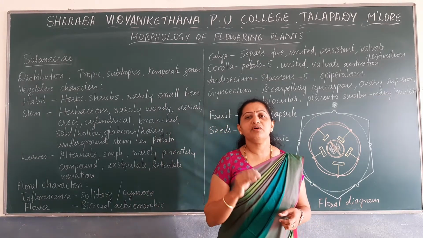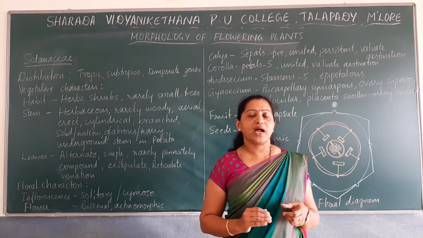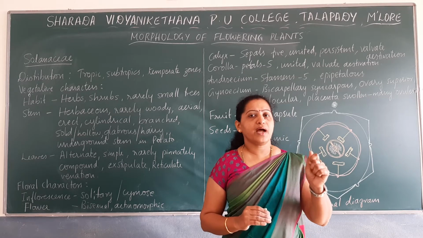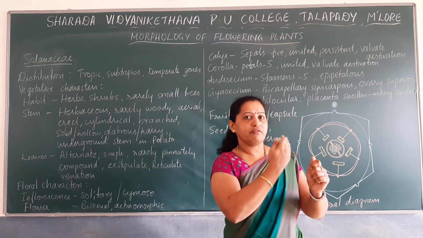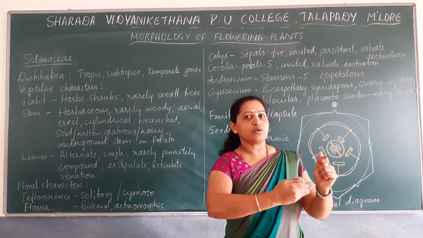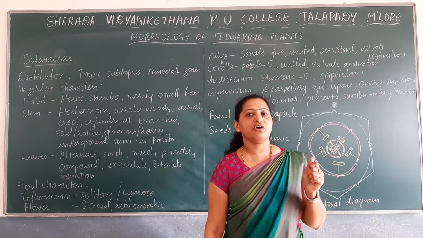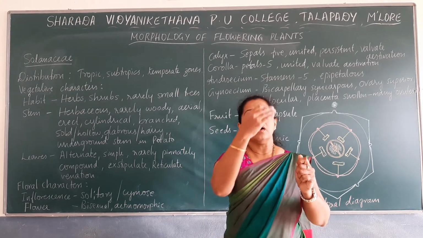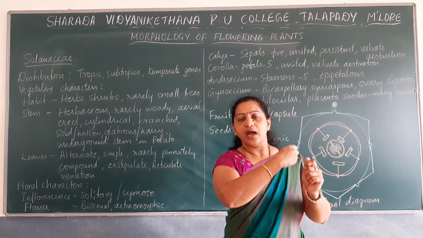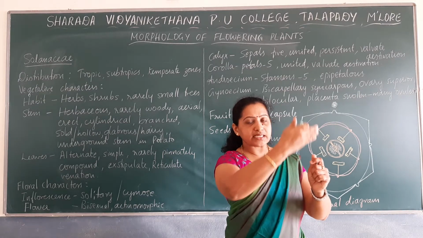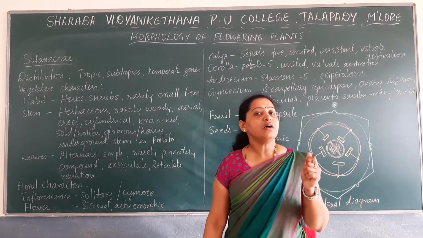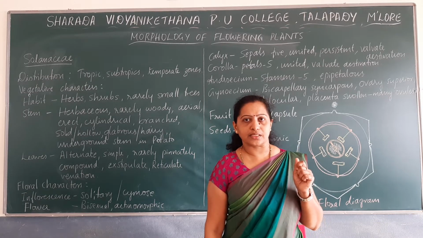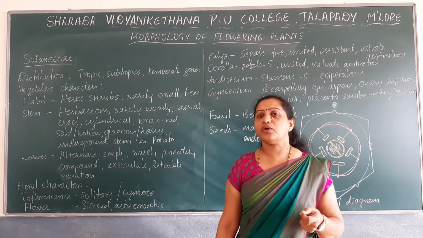As I told, whenever we describe a flowering plant, usually we will take the plant in front of us and hold it in such a way that the flower faces towards you. The axis that holds the plant and bears the flower forms the mother axis. So first you have to note down the position of the mother axis, especially while representing the floral diagram.